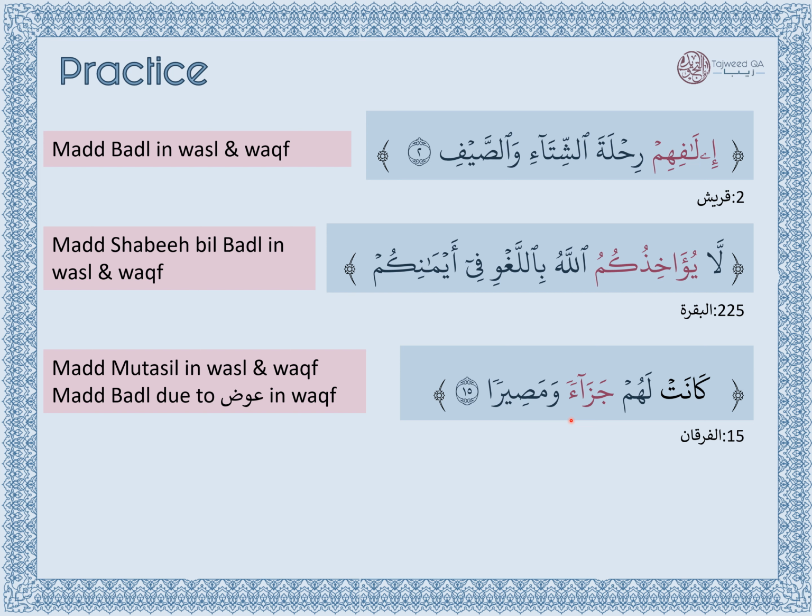There is ibdal of the noon of tanween into alif, which results in mad badal due to iwad in waqaf. So we have jaza, 2 harakat. So we have mad badal in stopping due to iwad, due to the tanween being substituted into an alif, into a mad letter.